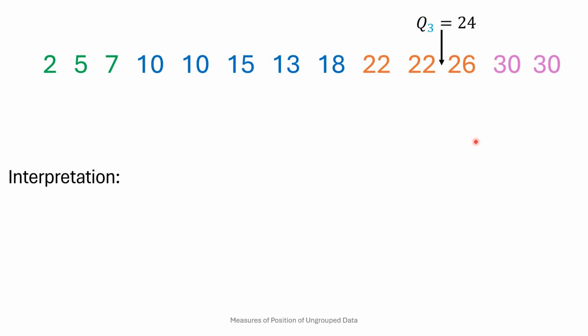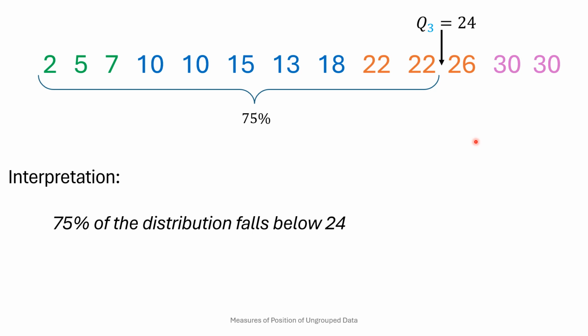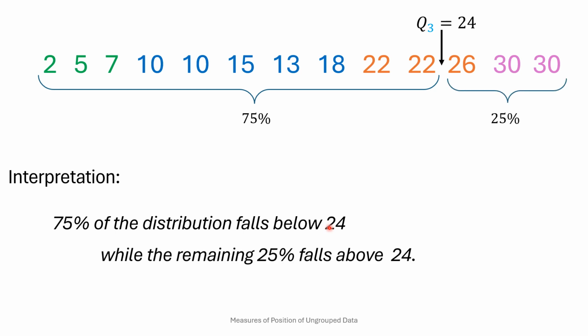You can say that 75% of the distribution falls below 24, and the remaining 25% falls above 24. You can also say that there are 10 scores that fall below 24, and there are 3 data scores that fall above 24.